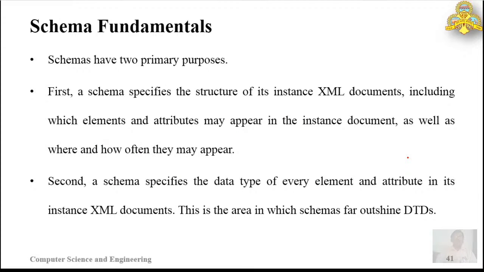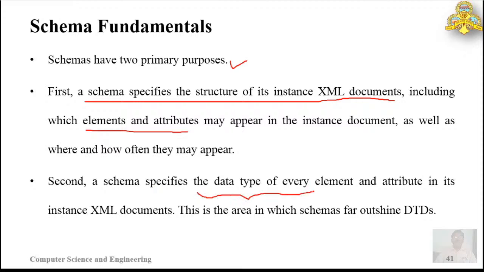So, schema fundamentals. Schemas generally have two purposes. One is that it provides the structure of documents along with the elements and their attributes, and also it provides data types for every element.